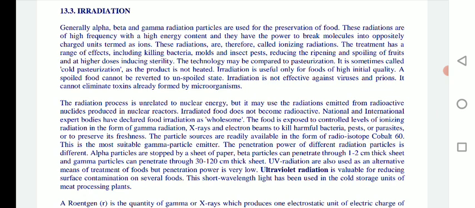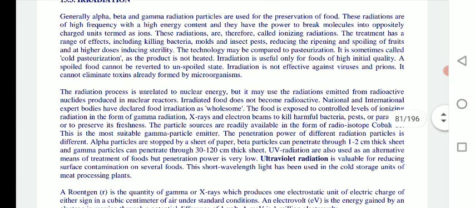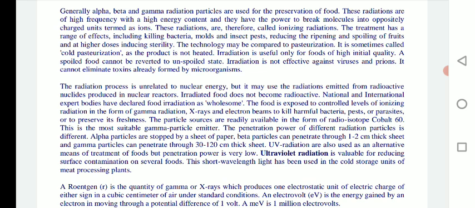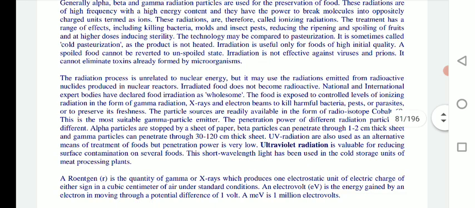And if you apply radiation at a higher dose, it completely removes the microbial flora, or all kinds of microorganisms.